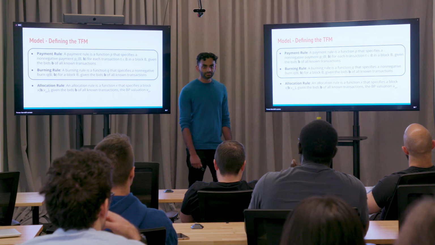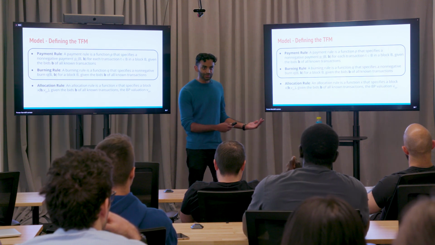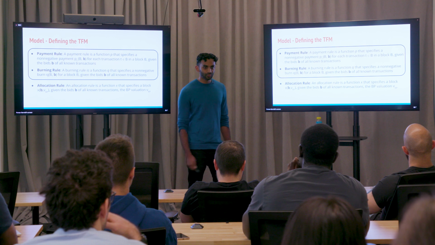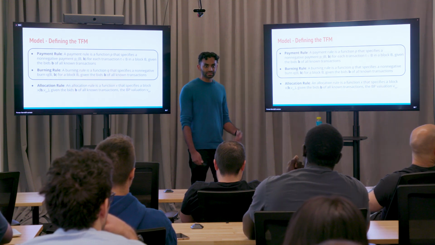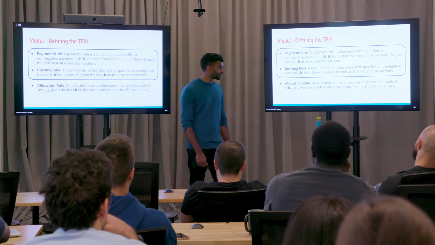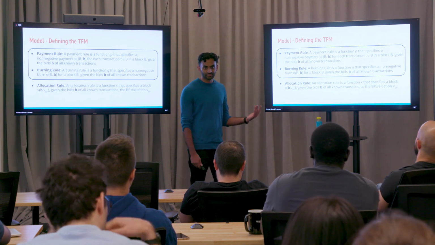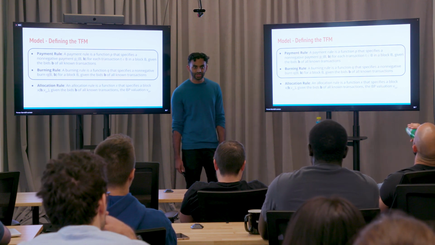If it was a DSIC mechanism, these would be their actual values, so that would be fine. We'll see that getting a DSIC mechanism is going to be hard in this case. But insofar as users report bids as a function of their values, then the allocation can depend on the users' values themselves. Yeah, everything is prior free in the model. The whole model is prior free. The whole paper is prior free.